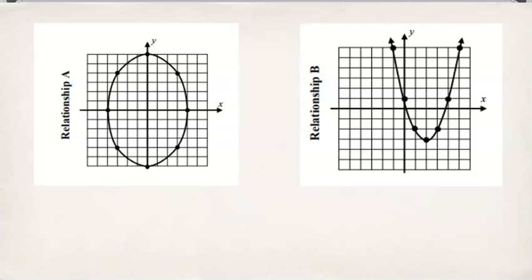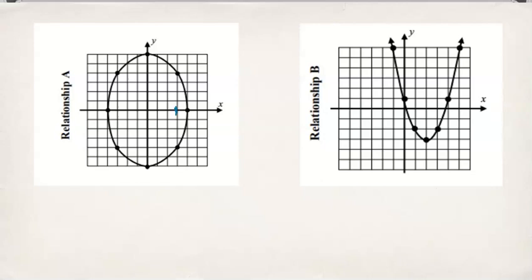So we can also tell when something is a function based on its graph. If I'm looking at relationship A, a relationship built around a set of points, and I'm looking at 3 on the x-axis, does 3 have one output or two outputs?